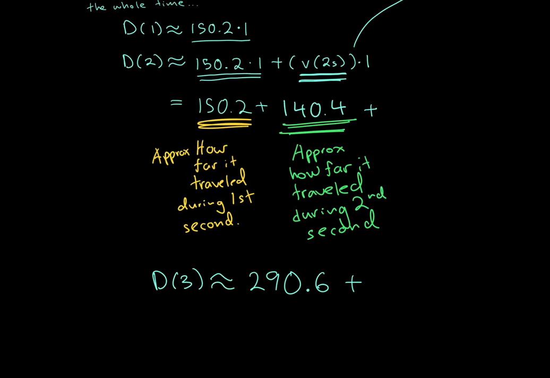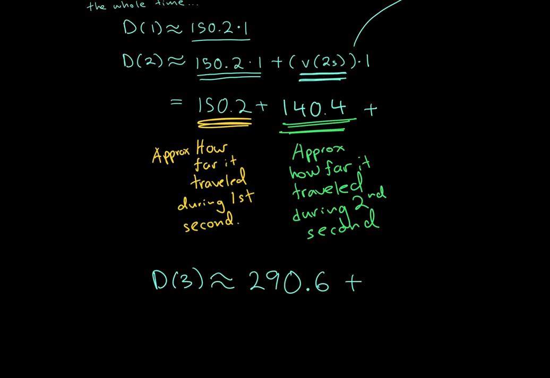If we wanted to evaluate how far this guy went during the third time interval, what I would do is approximate using v of 3 and let the time run for that third second. So to be clear here, this represents the third second. The third second, like as in second of time.